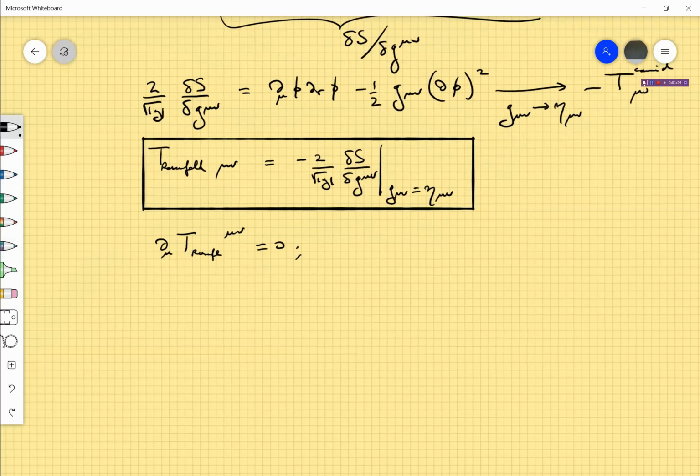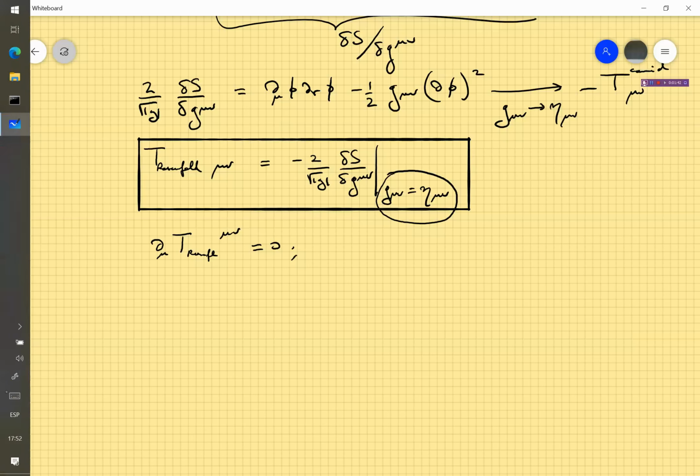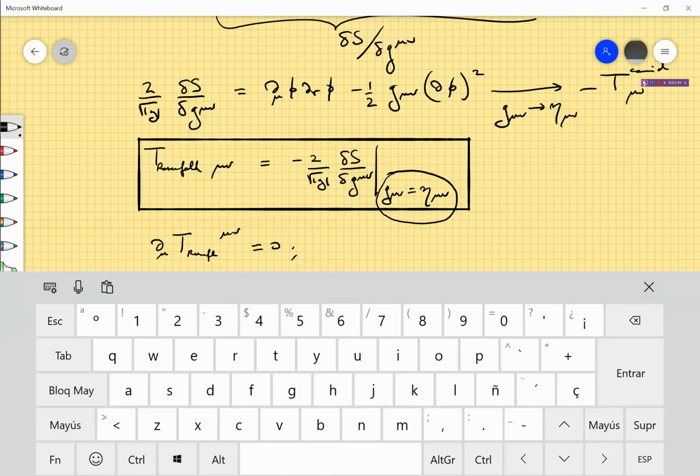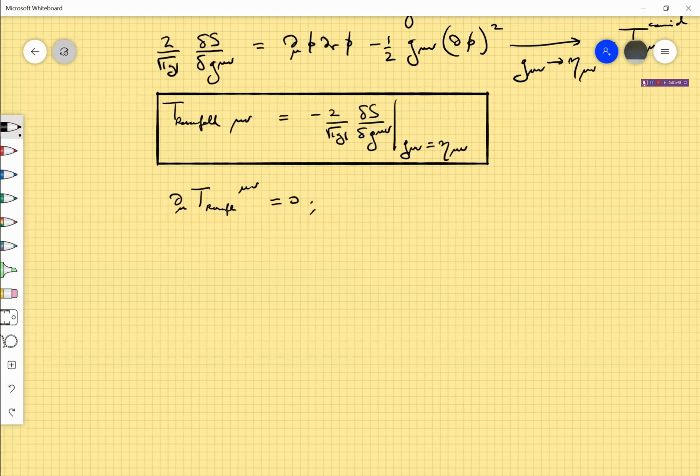And the other question is, if we do not set the metric equal to the Minkowski metric, and we consider this definition as a general definition in a general background, is this property still satisfied in some sense? Of course, since we are dealing with tensors, if we want to check this property, it only makes sense to check it using the covariant derivative.